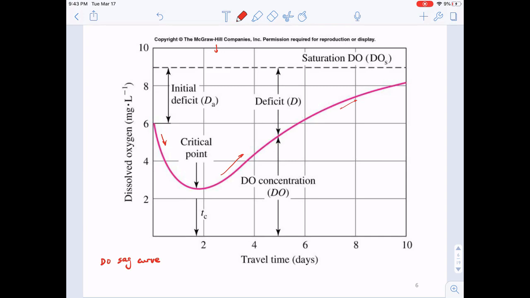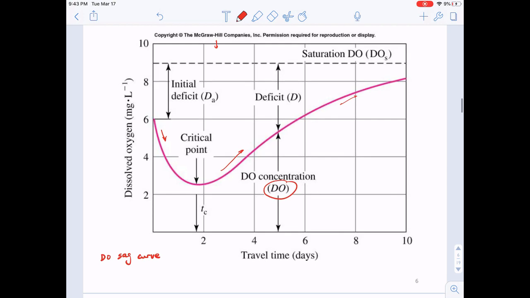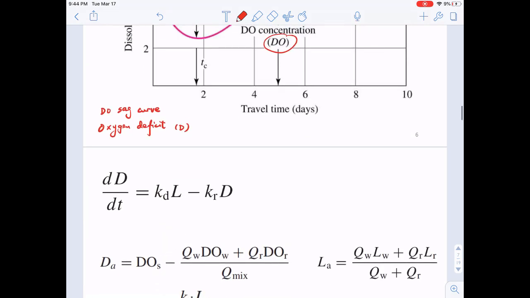One point that you might find quite puzzling is that when we solve for this DO sag curve, instead of calculating the dissolved oxygen concentration, we use the oxygen deficit as the parameter to solve for the dissolved oxygen, okay?